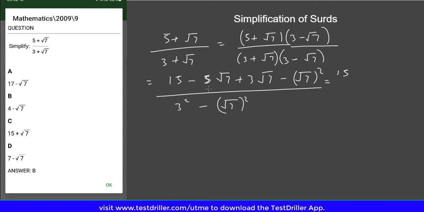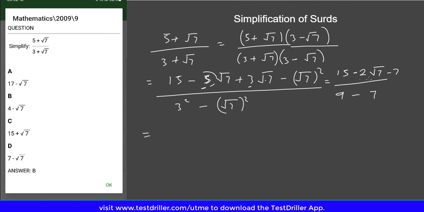Then simplify this: minus 5 root 7 plus 3 root 7. What you simply do is apply the first rule that says since they have the same pure surd, you just operate on the numbers in front of the surd. So minus 5 plus 3 will give you minus 2. Then you have your root 7. Then this will give you minus 7, because root 7 times root 7 will give you 7. Then divided by 9 minus 7.